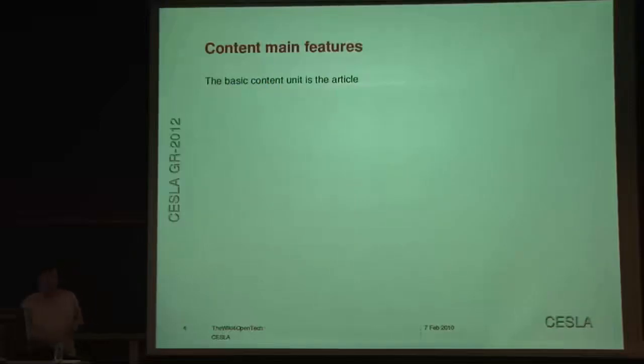Okay, the content main features. The basic content is the article. It is very simple to write an article. I think most of you know how you can write a new article or modify one, but you only have to use the searching tool.